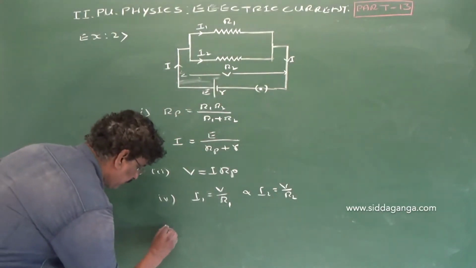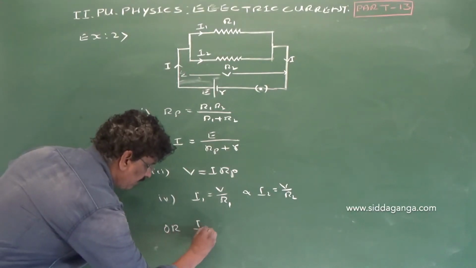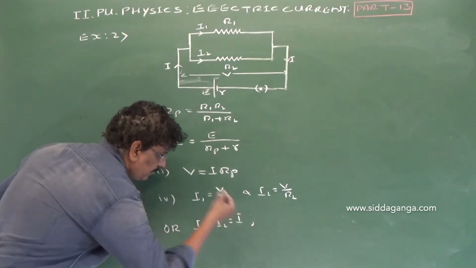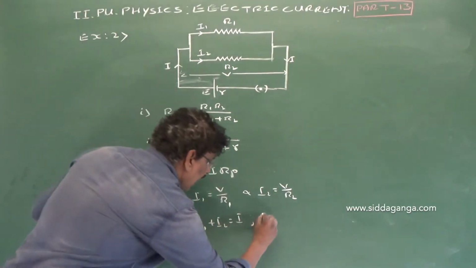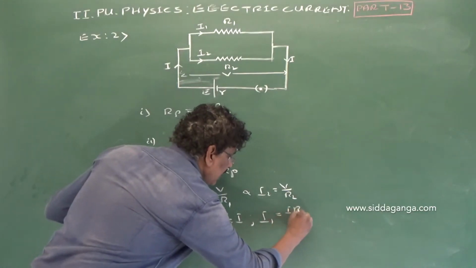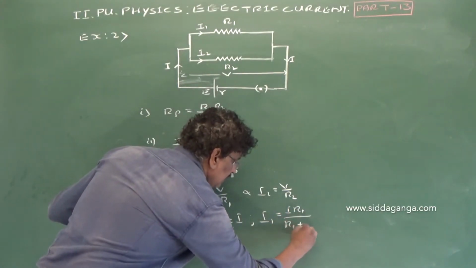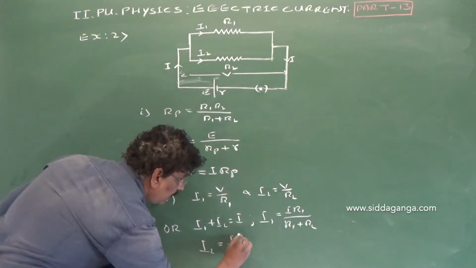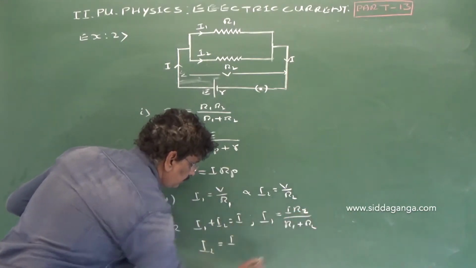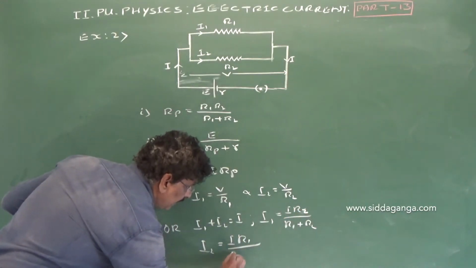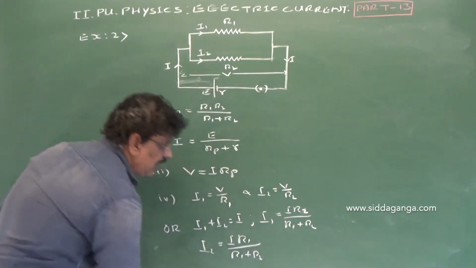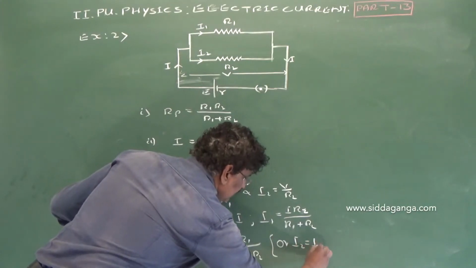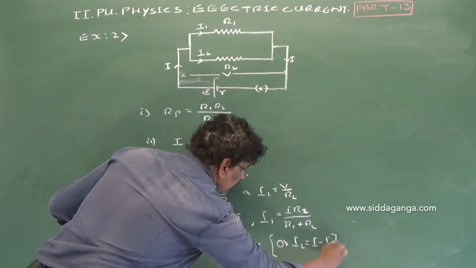Or by using the branch current formula, I1 is equal to I R2 by R1 plus R2 and I2 is equal to I R1 by R1 plus R2, or even directly I2 is equal to I minus I1.